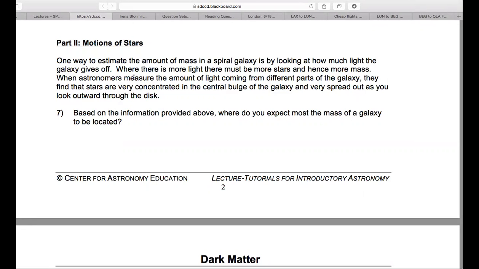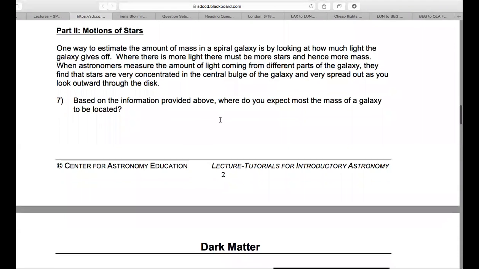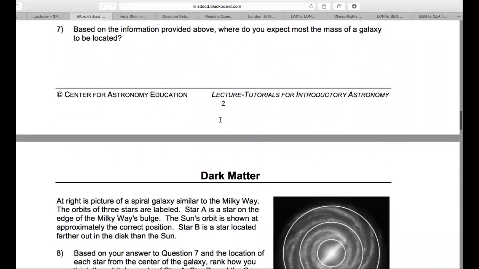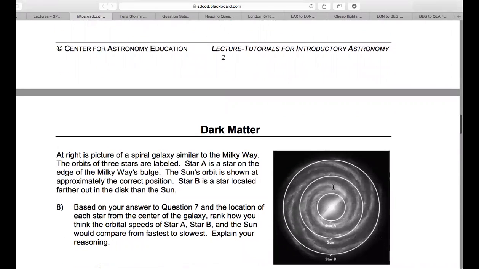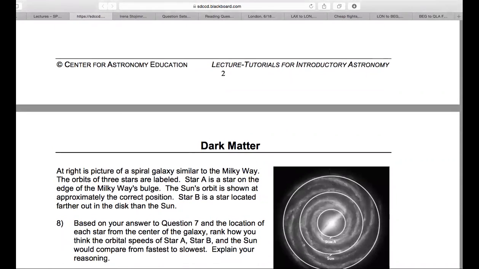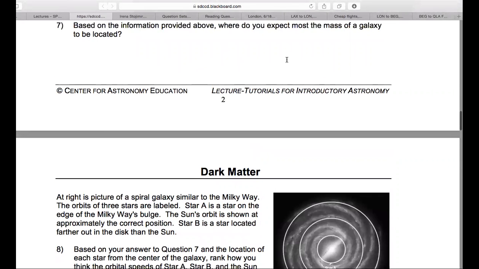When we measure the light from different parts of the galaxy, we find that stars are concentrated in the central bulge and very spread out as you move through the disk. Based on this, where do you expect most of the mass of the galaxy to be located? The central bulge. The halo is something else.